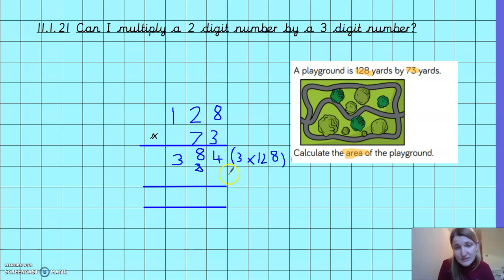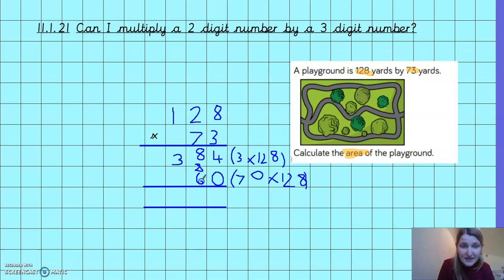Next, I'm going to do this here. So I've got 7 tens, which is the same as 70 times 128. And again, just to make sure that I remember my answer needs to be 10 times bigger, straight away, I'm going to put my 0 here to hold the place. Okay. So now I'm just working with the 7. I've made it 10 times bigger. 7 times 8, 56.